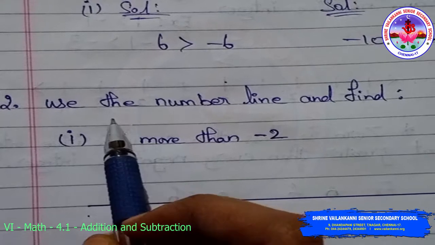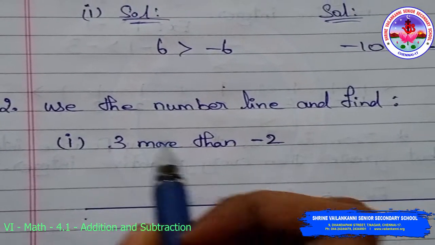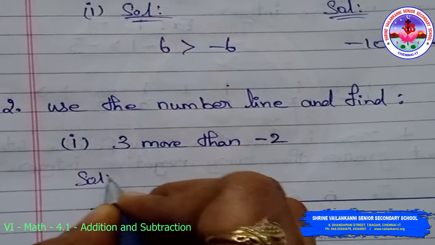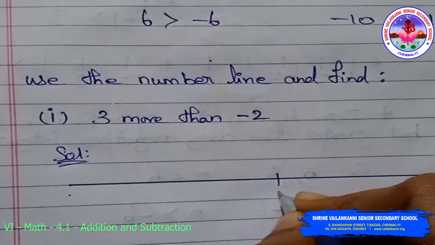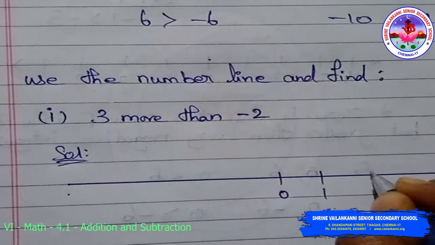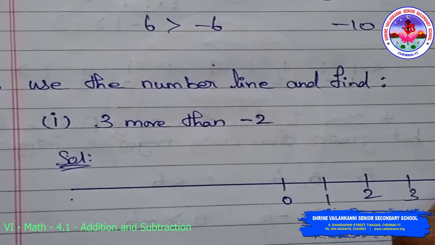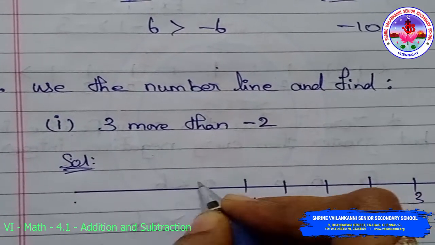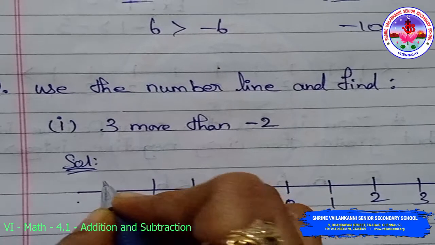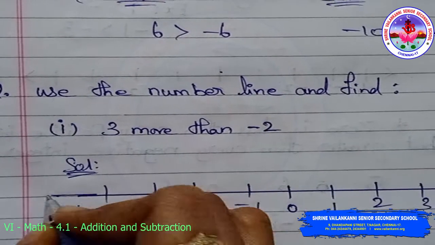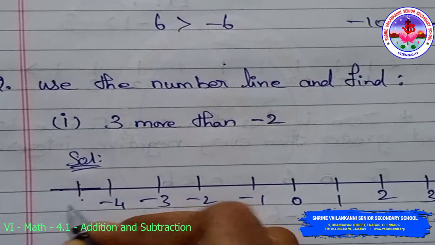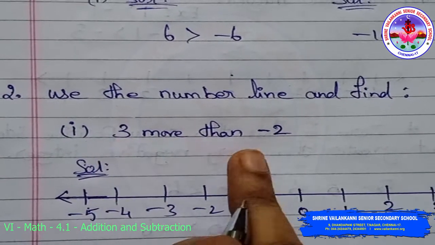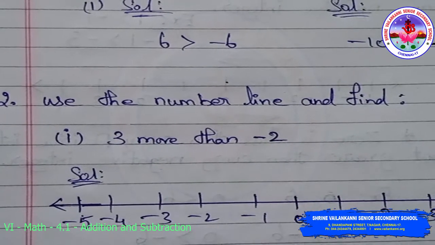Next example, use the number line and find 3 more than negative 2. First, draw the number line. The center value is 0. Move to the right side, that is positive values 1, 2 and 3. Move to the left side of 0, negative 1, negative 2, negative 3, negative 4, negative 5. The question is 3 more than negative 2. 3 more than means greater.